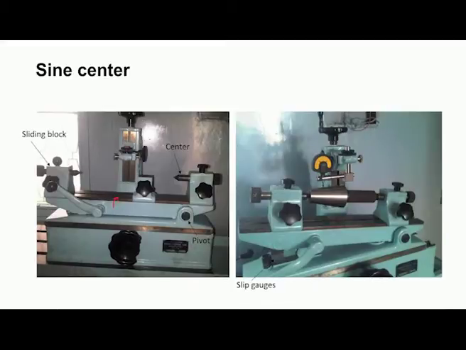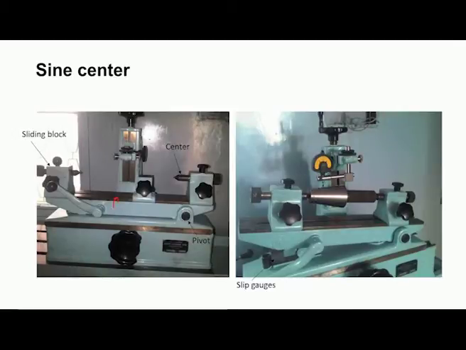We can tilt the table, and here there is a roller, and this is the surface of the sine table. After tilting it, we have to fill this gap using slip gauges. You can see in this picture slip gauges are placed. We should adjust the slip gauge height till the dial indicator reads 0.